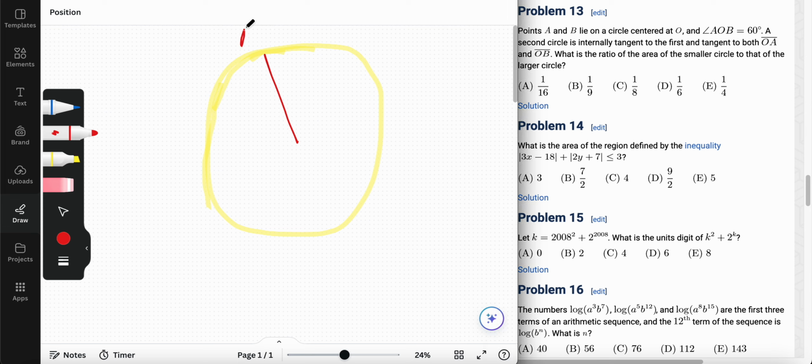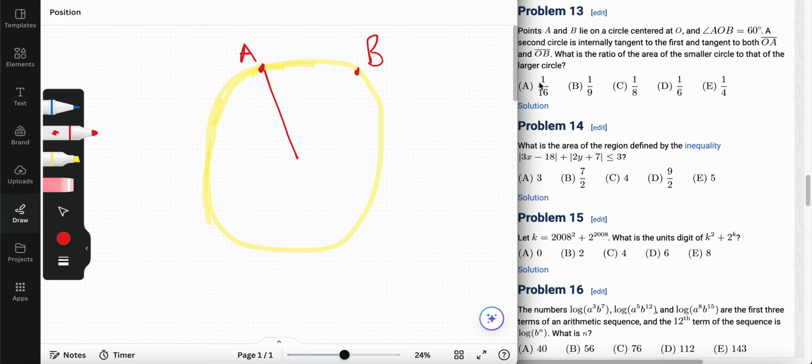So I have an A on the circle and a B on the circle, right? AOB. So this is going to be O, and it's going to be something like that, right? So AOB is 60 degrees.